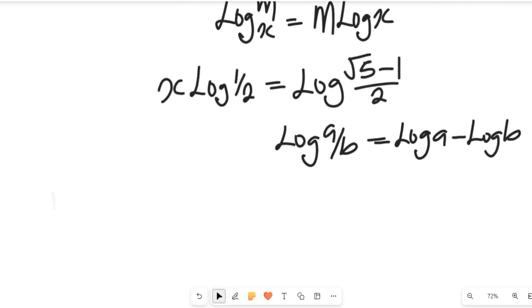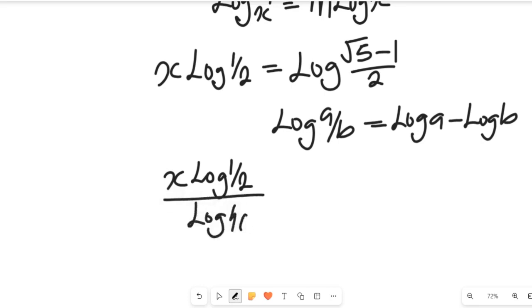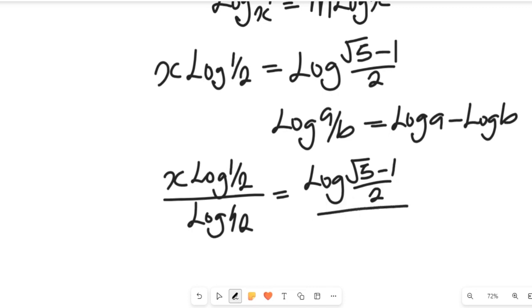So this expression will now give us, if we divide both sides by log of 1 divided by 2, x times log of 1 divided by 2 divided by log of half, which will be equal to log of root 5 minus 1 divided by 2, all divided by the log of half.